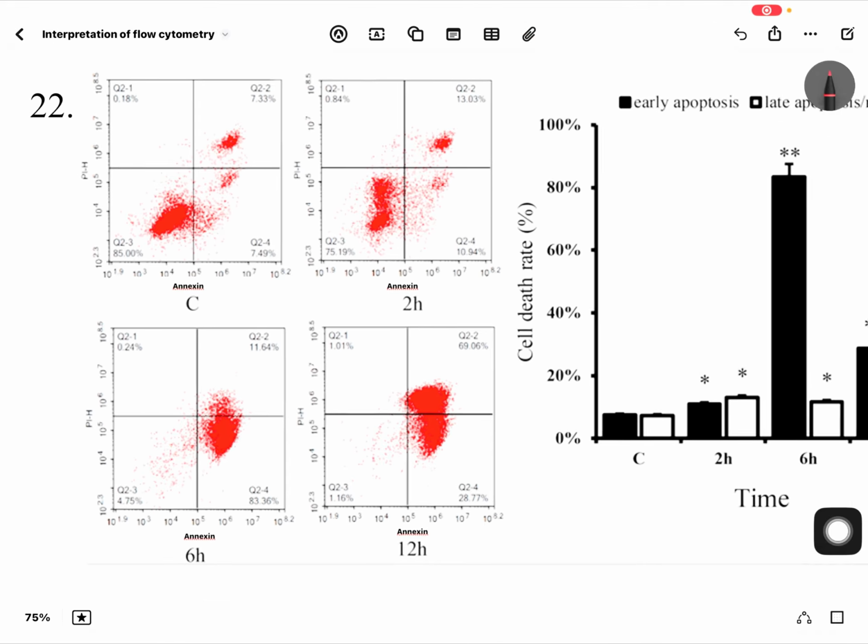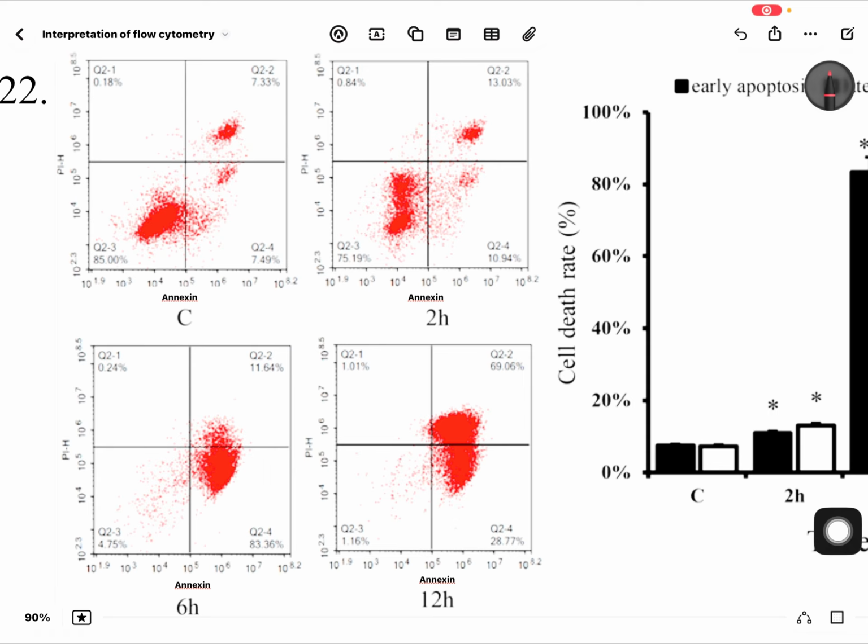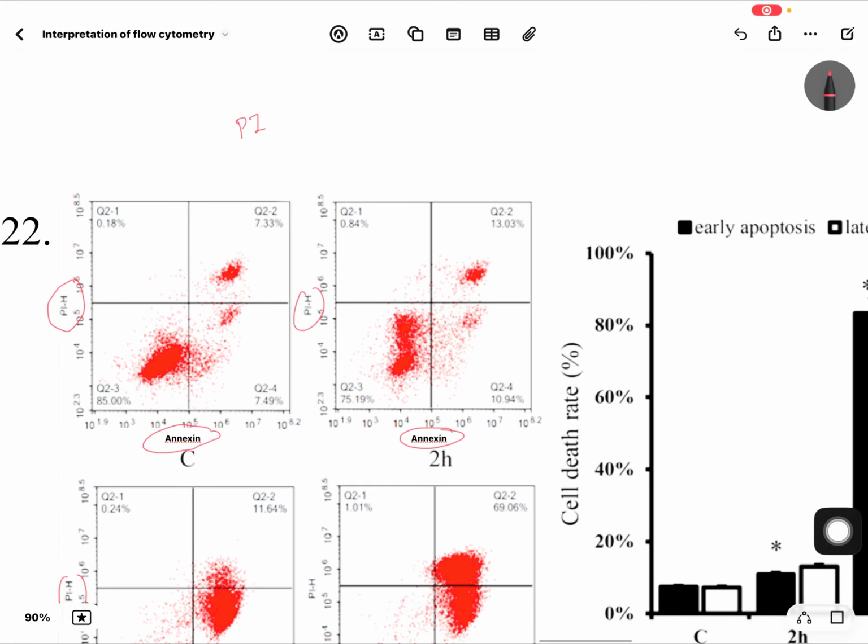What is this annexin and what is this PI? Have you heard anything about this? No, but everywhere I'm finding annexin and PI. So what are annexin and PI? PI is nothing but propidium iodide.